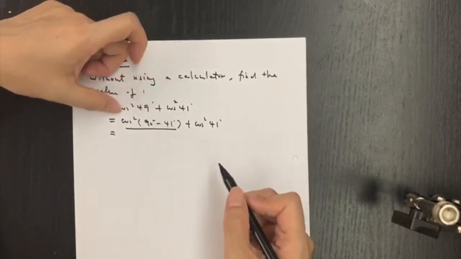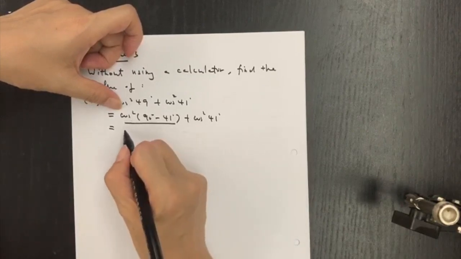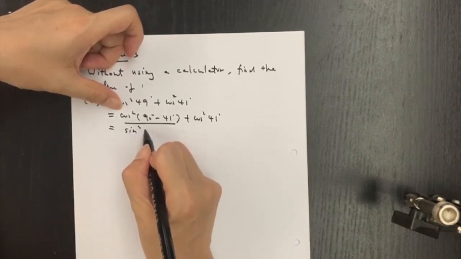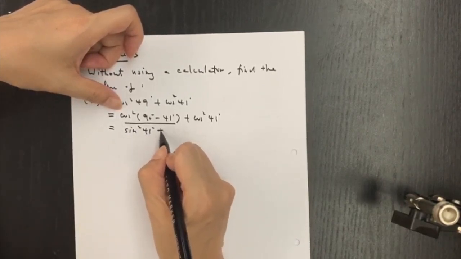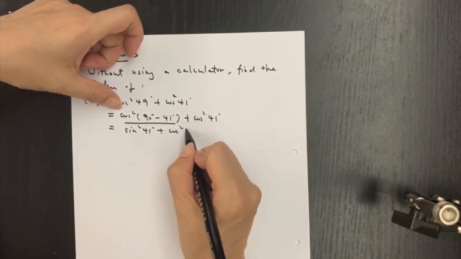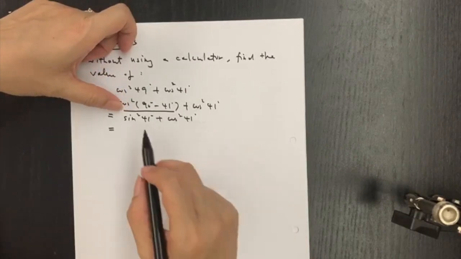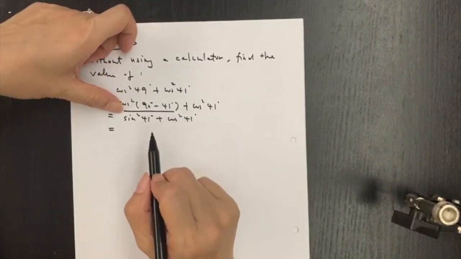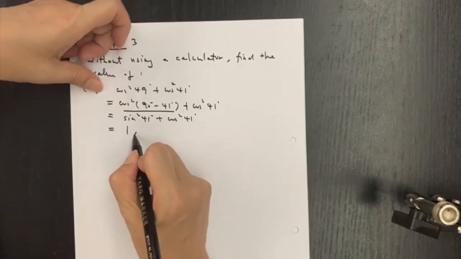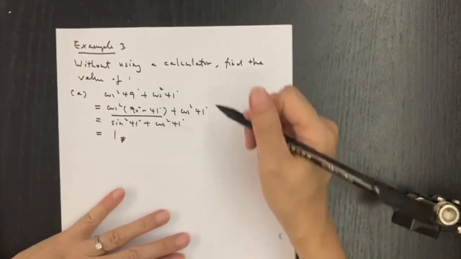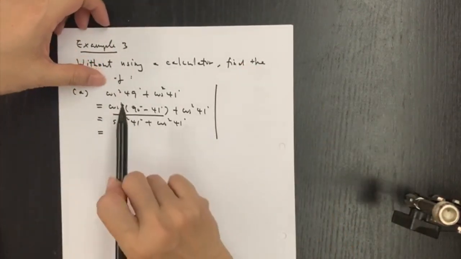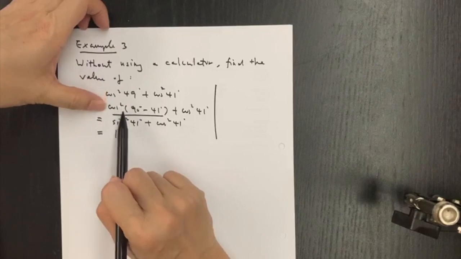This is the same as sine square 41 plus cosine square 41. So what is my final answer? Because we always have sine square theta plus cosine square theta equals 1, here the answer is 1.